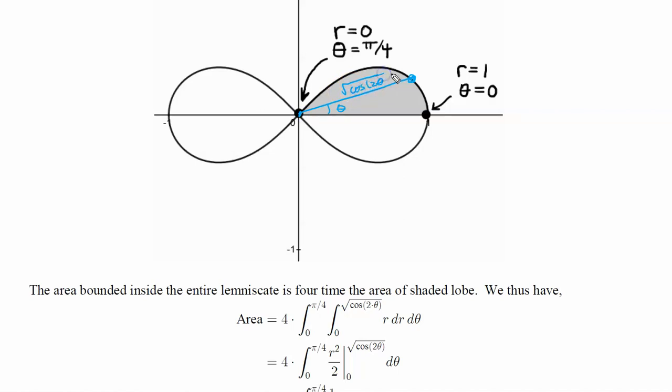That's your r. So r is varying from 0 out to the square root of cosine of 2 theta. That's how we get these limits of integration right here. And then theta, you see, will vary from 0 to pi over 4. So here is our double integral, and we just need to evaluate that.